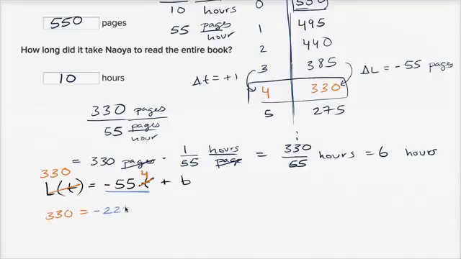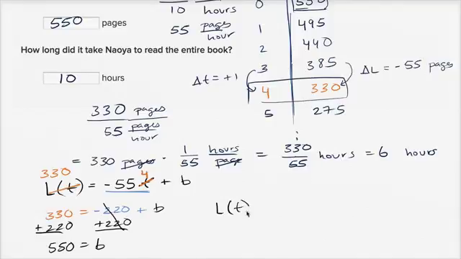Negative 220 plus b. And then if you add 220 to both sides, you're going to be left with 550 on this side, these cancel out, they add up to 0, is equal to b.